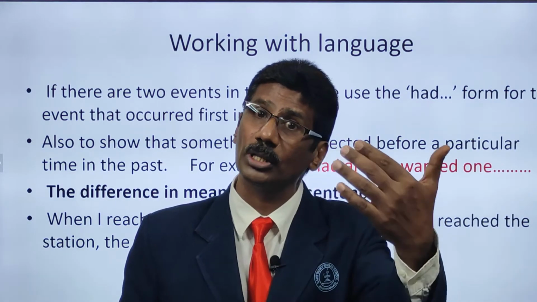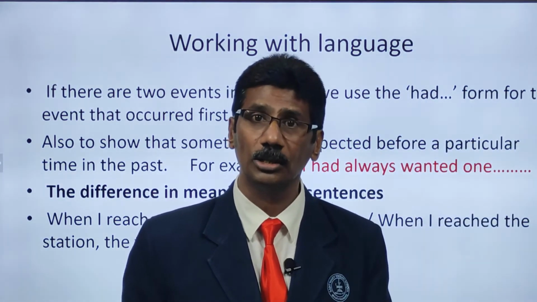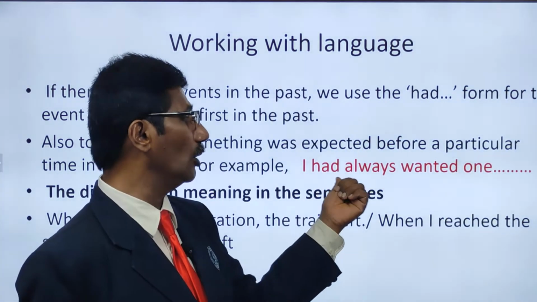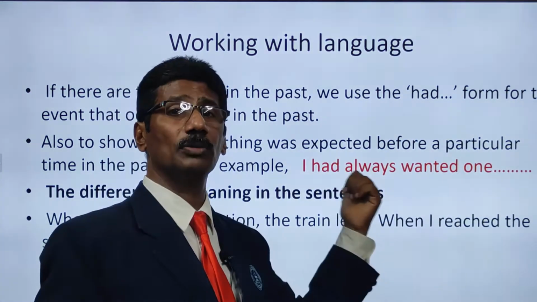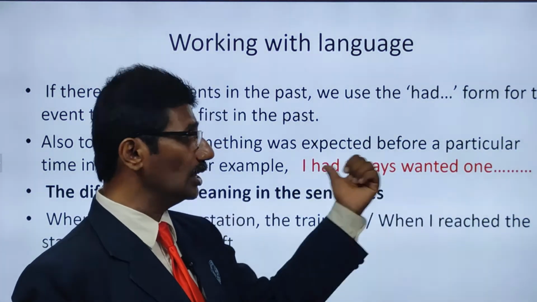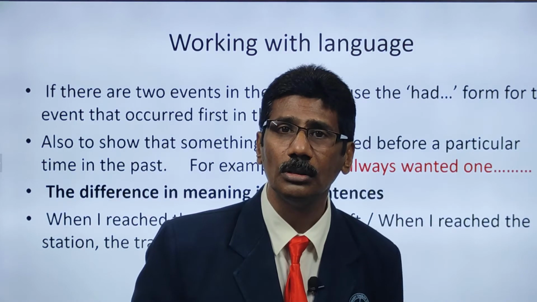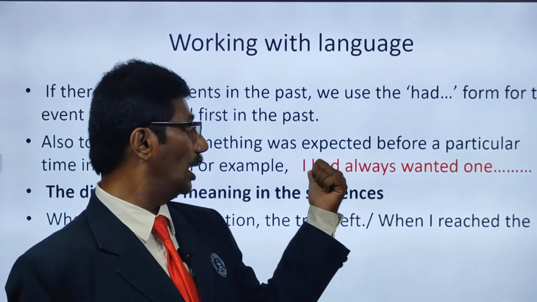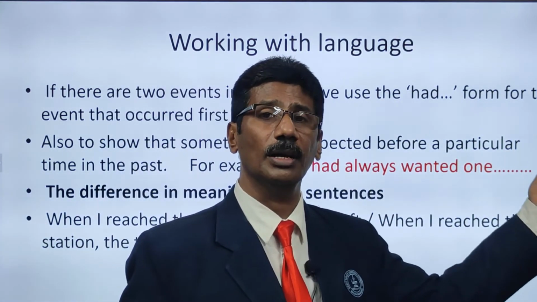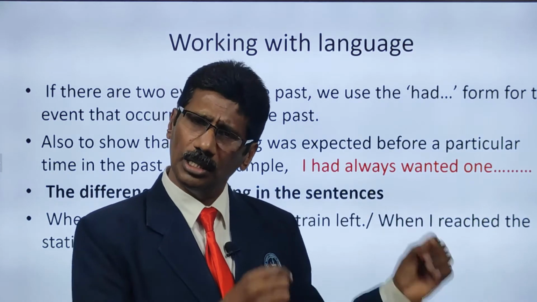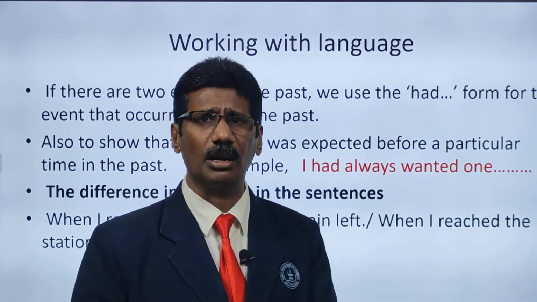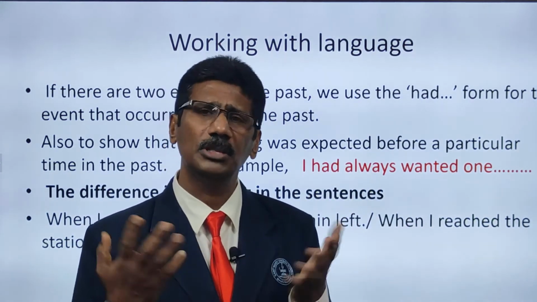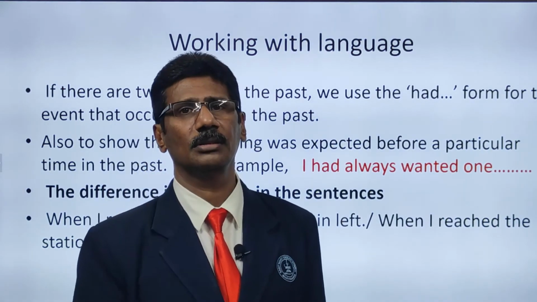So you wanted to show that you always wished like that. To say that, we can use: I always wanted one car. I always wanted to have one house. See? I had always wanted to have a car. That means in the past I kept on waiting, I will have a car, I will have a car. It didn't happen. Now I have it.